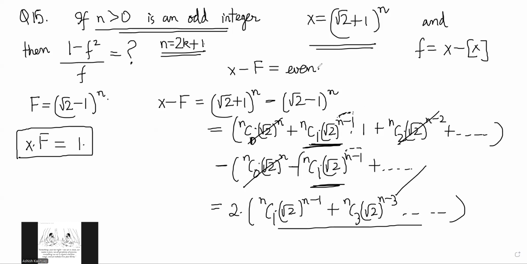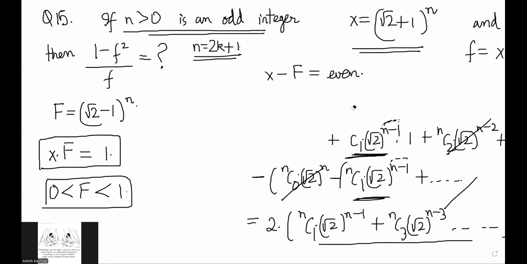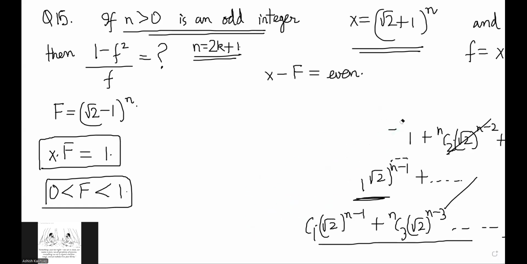And we also know that 0 is less than F is less than 1, right? Great. So now let's think about what is the conclusion from there. x minus F is coming as an even integer and x times F is coming as 1, right?